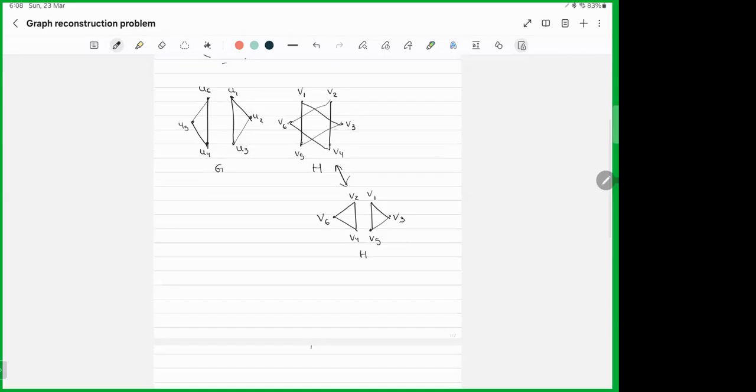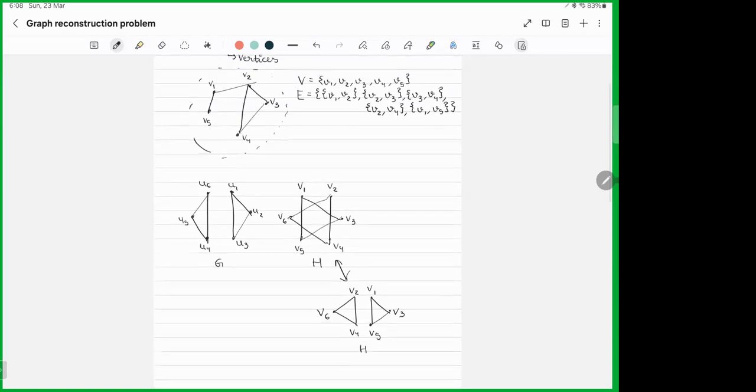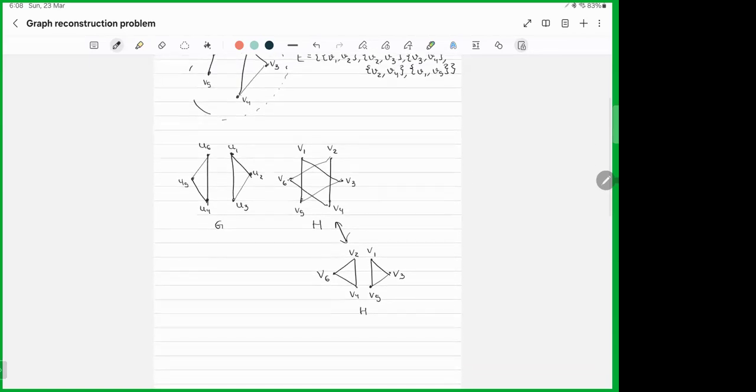So for this graph reconstruction problem, I will consider both of these graphs to be the same, even though the labels of the vertices are different. We will say that they are isomorphic. So let me define what isomorphism is.